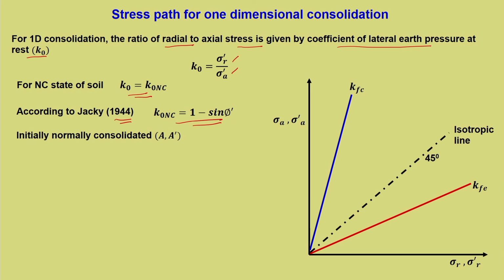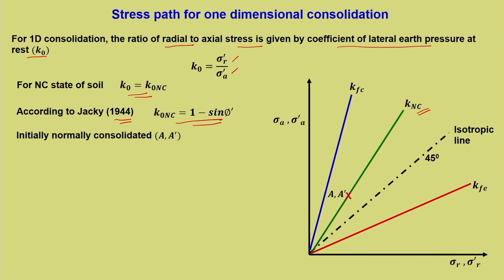So, let us put the failure line, and now this is K NC, which is the line corresponding to normal consolidation. Okay, so that is K NC. So, where should A dash fall? Definitely it is the normally consolidated initial point, so it has to fall on K NC. So, A dash is on the K NC line.